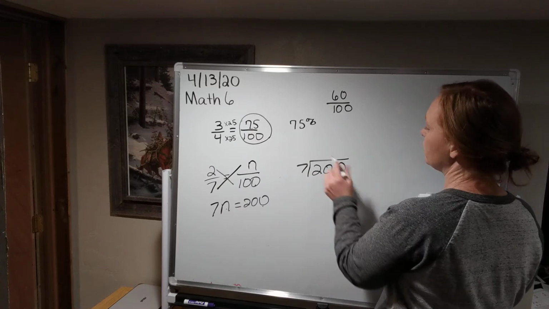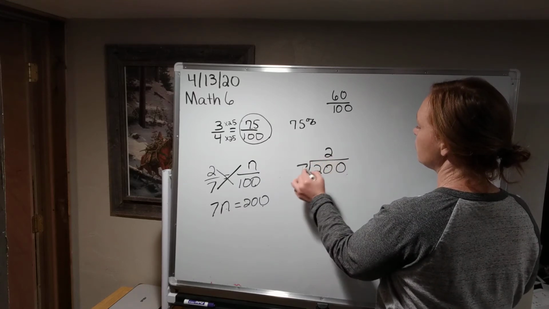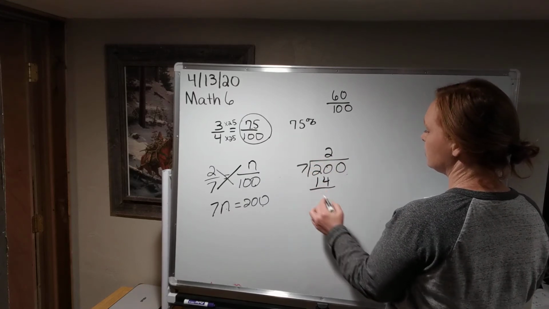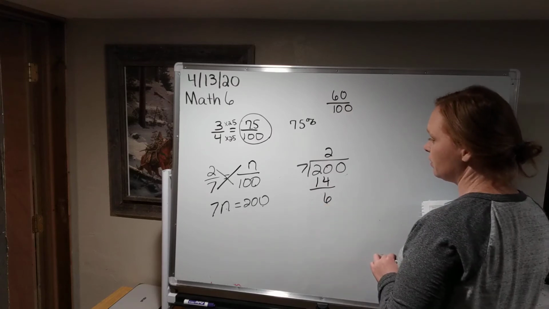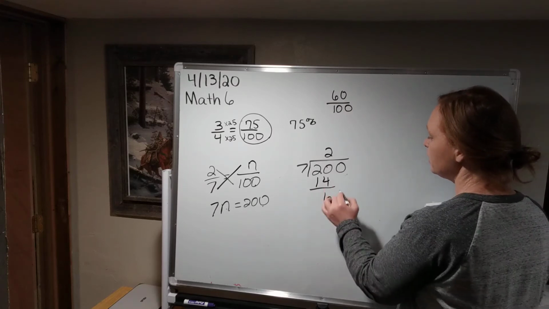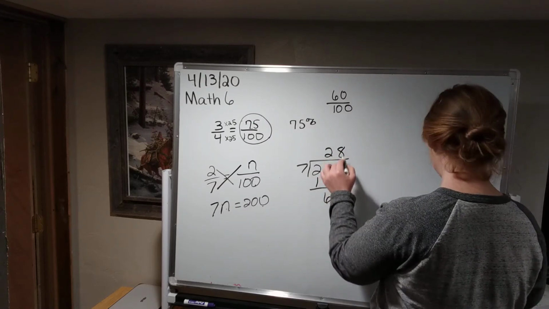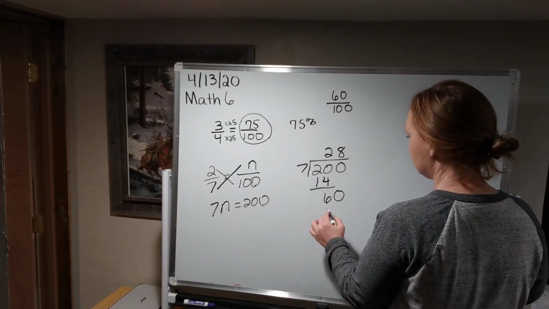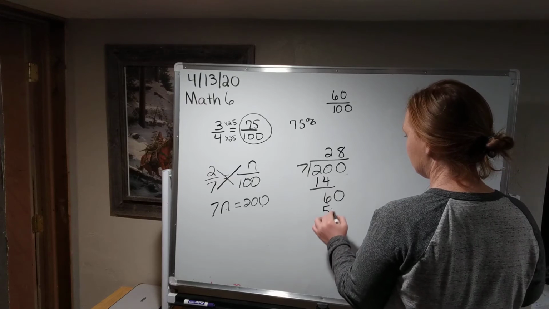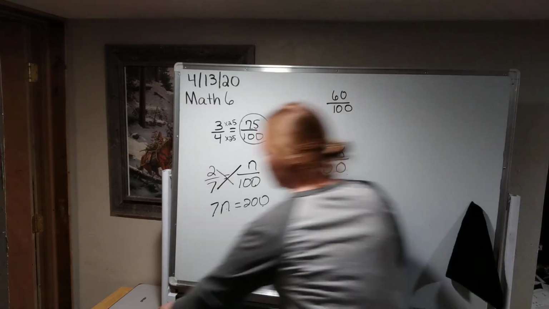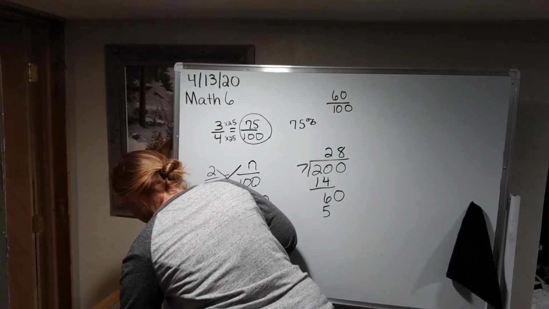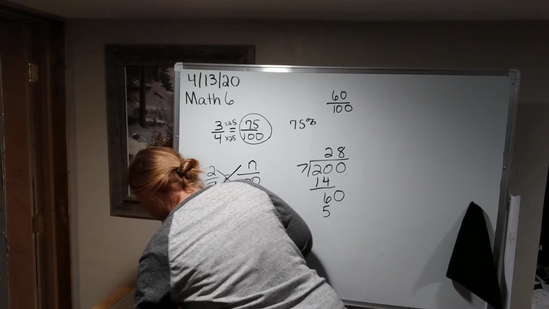7 will go into 20 2 times. 2 times 7 is 14. 6 left over. Bring down my 0. 7 will go into 60 8 times. 7 times 8 is 56. Is that 56? It is.